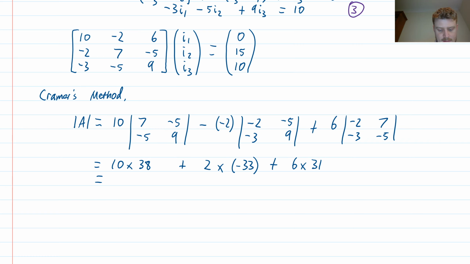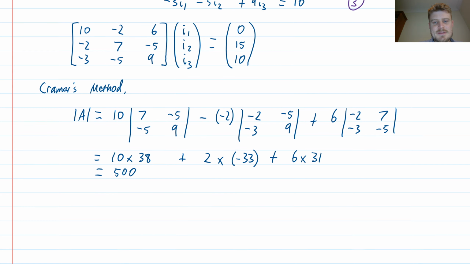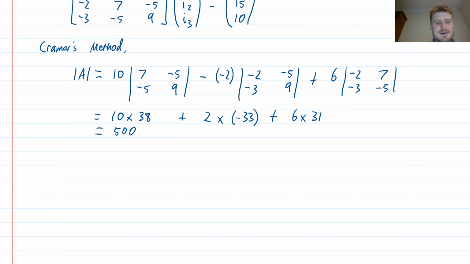So that's 10 times 38 plus 2 times negative 33 plus 6 times 31 is 500. It's a very nice round number. So this comes from the textbook, so they've obviously chosen numbers that give nice round answers.